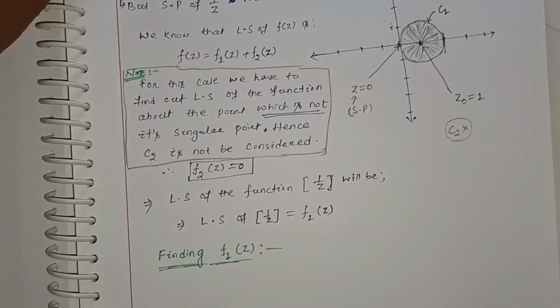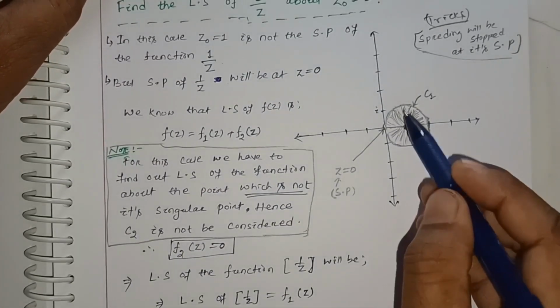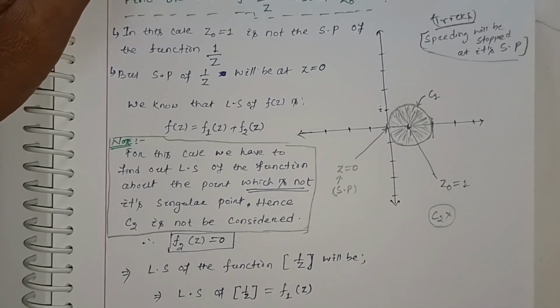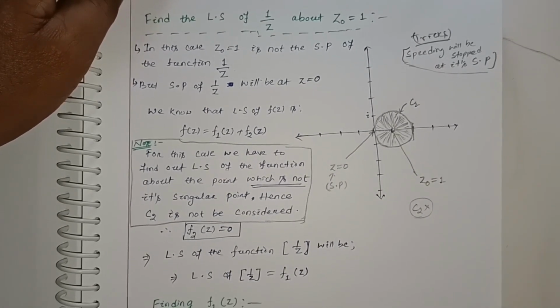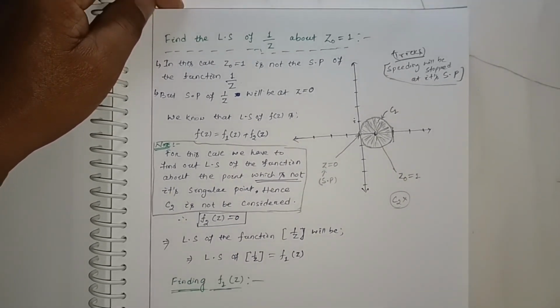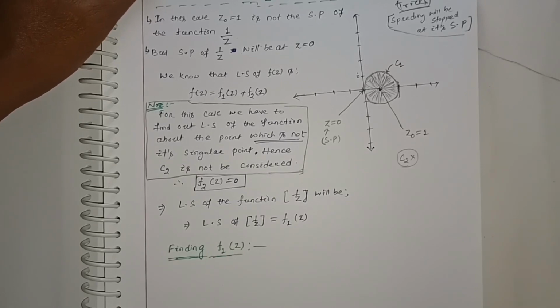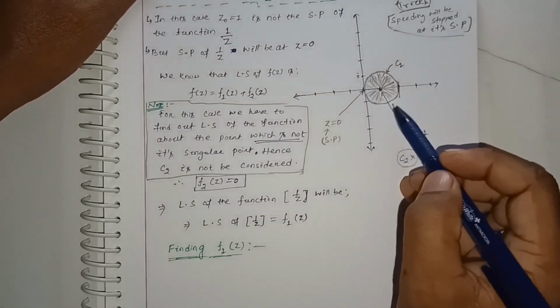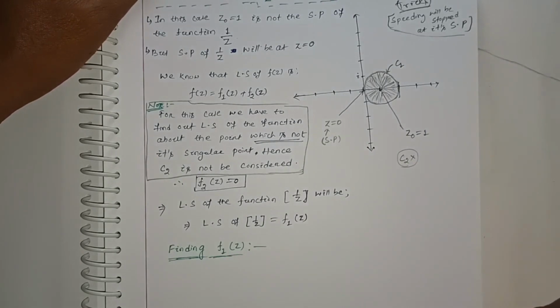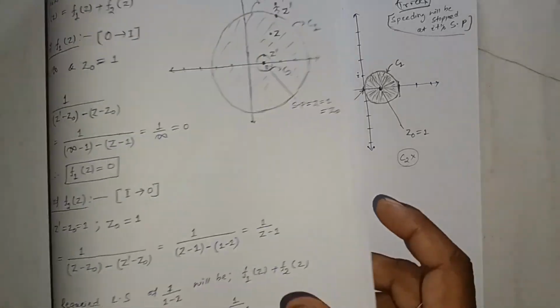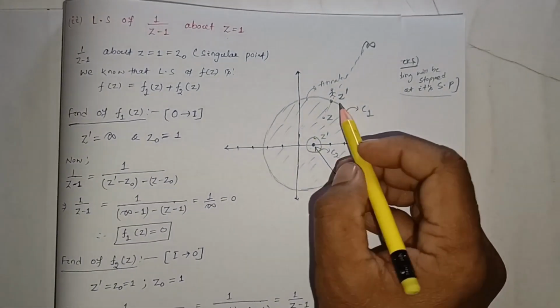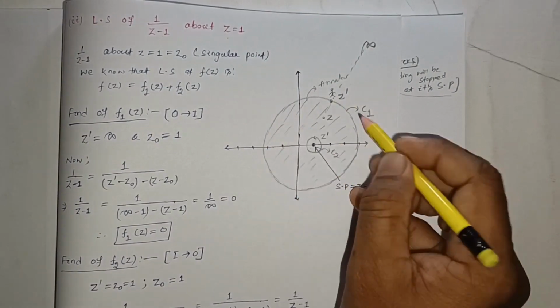So for f1(z) we need the circle C1. Already in the figure I drew that one. So this is the C1 and this is our figure. Here you can see, to find f1, remember what we did in the last class? You stand on C1 and you have to move inside this circle.